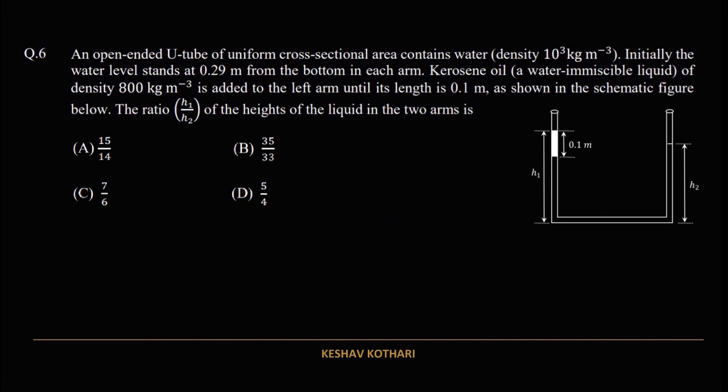So if we begin this problem, we are drawing two basic diagrams. Over here I am drawing a diagram like this, that initially the arrangement is looking like this, where the initial level of water in both the arms is equal to 0.29 meter as mentioned in the problem.